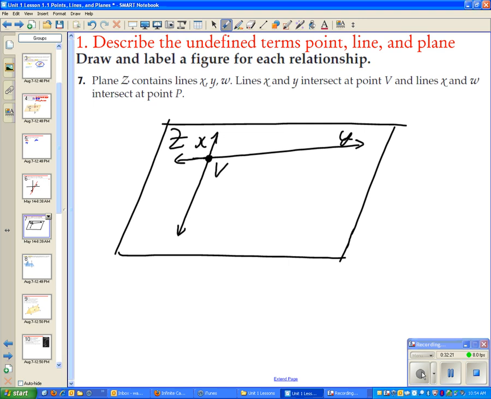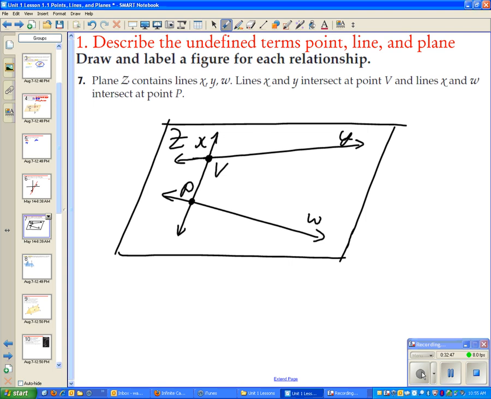Is that a Z or a C? It's a Z. When I put lines through them, they're Z's. So it's like plane Z? Yep, exactly. Now, lines X and W also intersect. So I need to draw another line that intersects line X. So there's a line that intersects line X. I'll call it W. And what do I need to call their point of intersection?